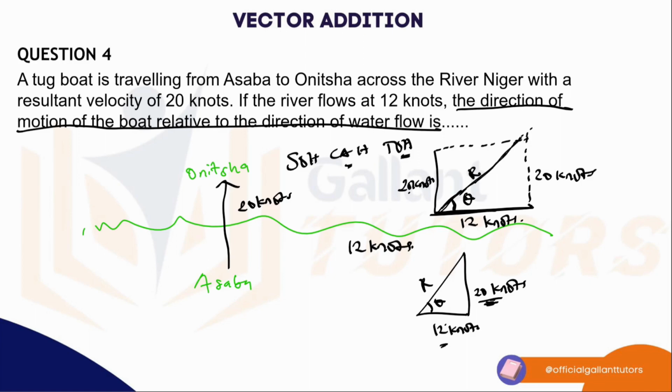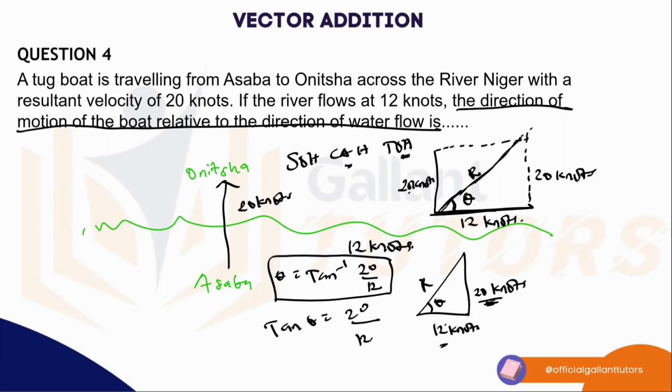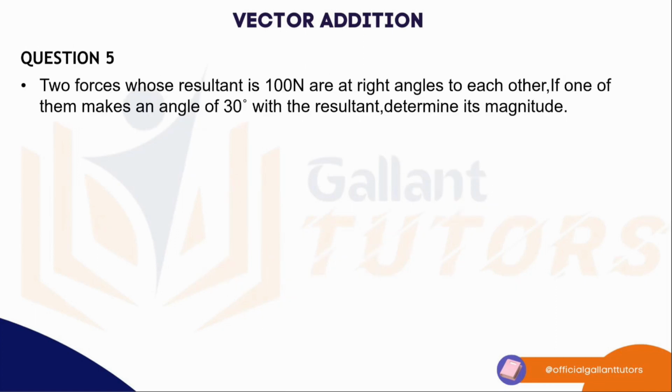We have opposite and adjacent. Tan, of course. So we have tan theta is equal to opposite, which is 20 over 12. Is that clear? So theta will be what? Tan inverse of 20 over 12. So this should be your answer after making use of the calculator. Is that clear? So first of all, try solving it and tell me your answer.